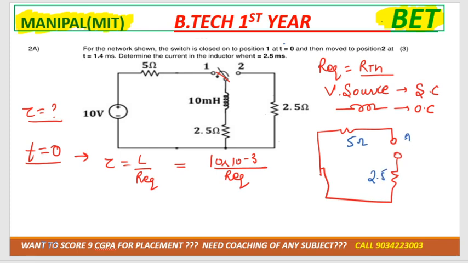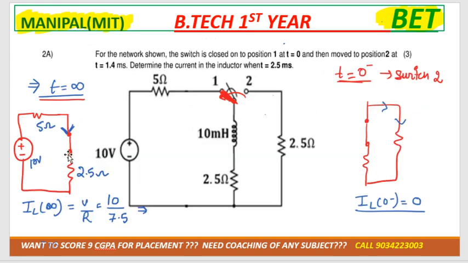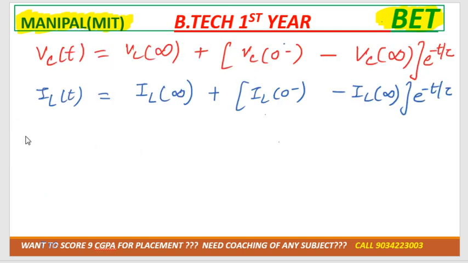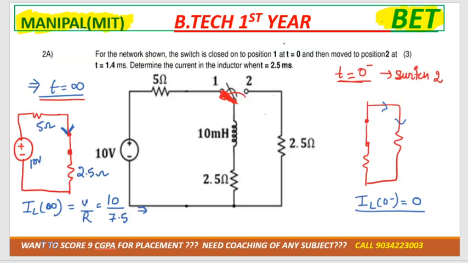Now as you can see, according to the RTH, A and B are both connected in series. So R equivalent is how much? 7.5 ohm. So that would be 10 into 10 raised to power minus 3 divided by 7.5. That is the value of tau. Now we need to calculate IL of t, and this is the formula. IL of 0 minus we already calculated, that is 0.